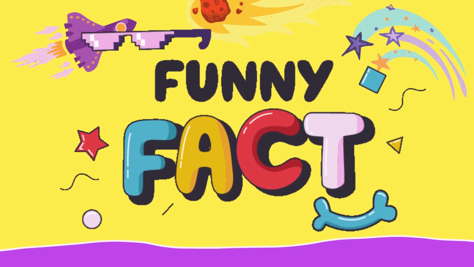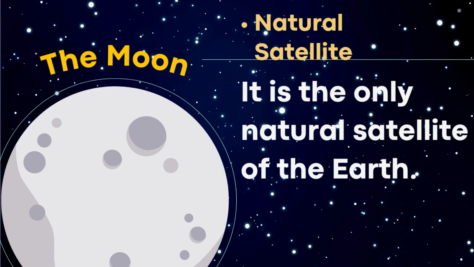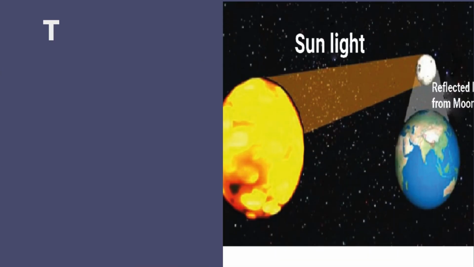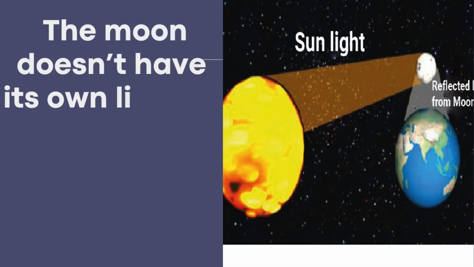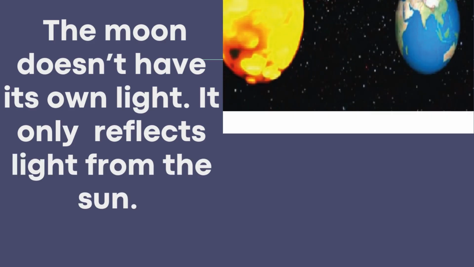Here are some interesting facts about the moon. First, the moon is the only natural satellite of the Earth. A satellite is a space body that orbits a planet. Second, the moon doesn't have its own light. It only reflects light from the sun.